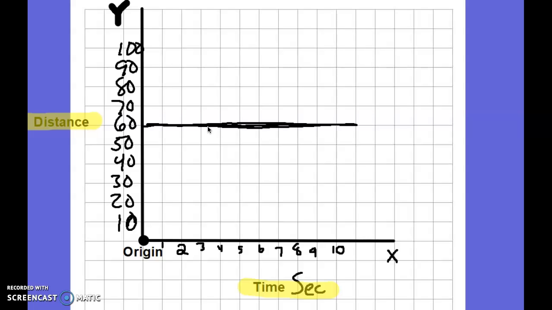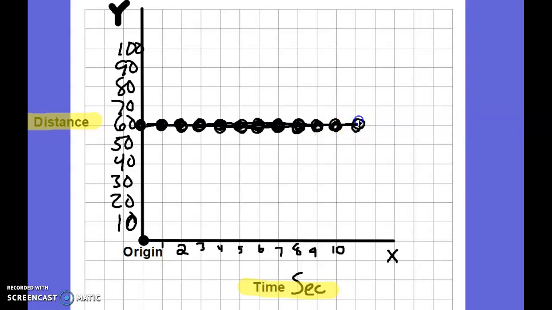And so we might start our graph here, and 1 second goes by and the car is still sitting in the same spot. 2 seconds goes by, it's still sitting on that 60-foot mark. 3 seconds go by, 4 and 5. And what you're noticing is the car is sitting at the same spot.